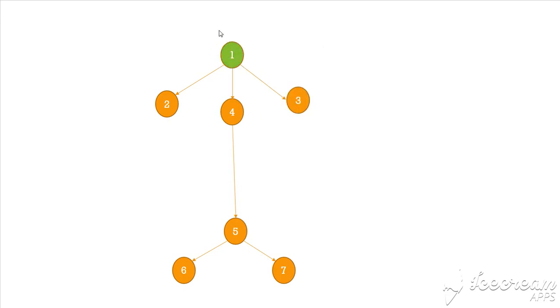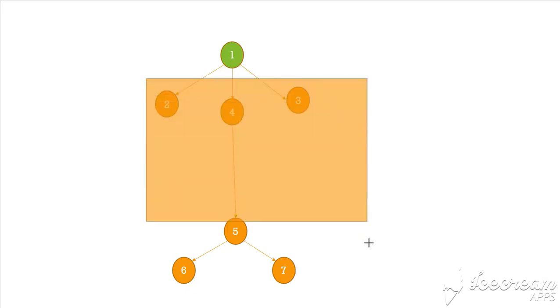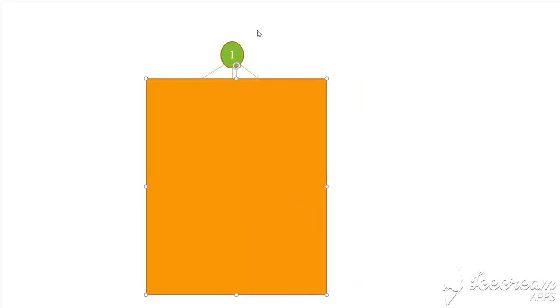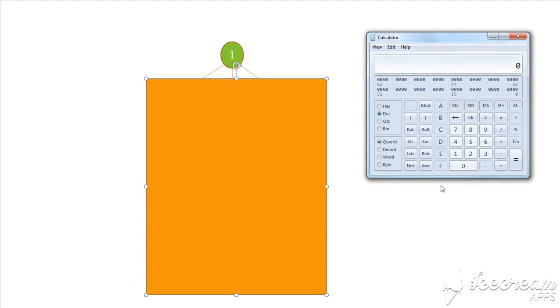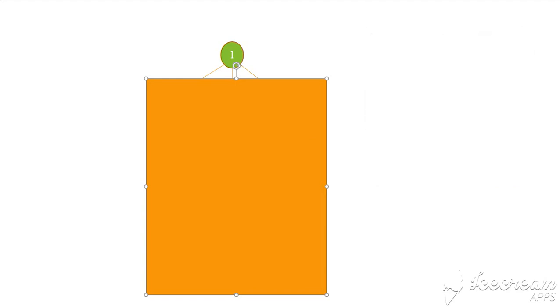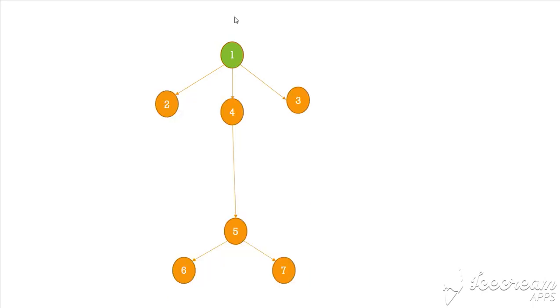If this widget is the provider, it means that all of these widgets will be able to listen to this provider. This provider is a provider for all these consumers.